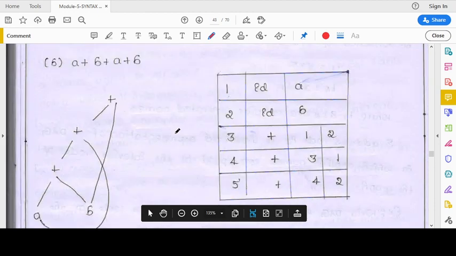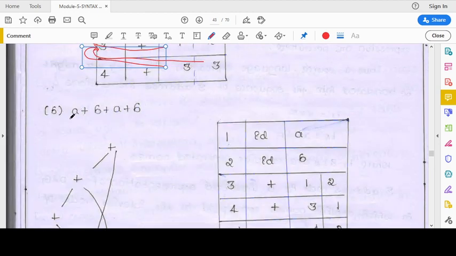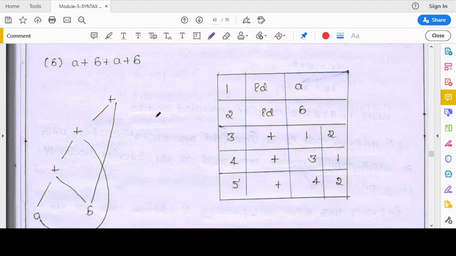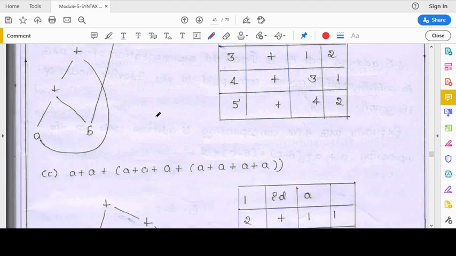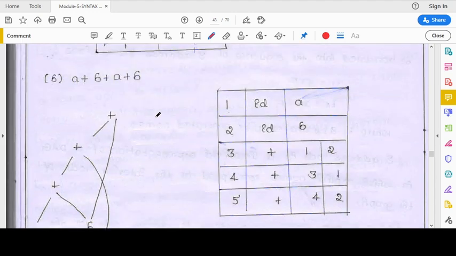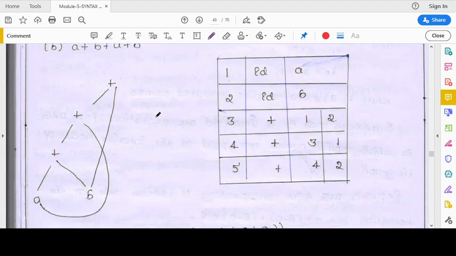Similarly, take this as homework: a plus b plus a plus b. Work it out yourself, right? Take a screenshot of this if you want. Try to work this out, where I have considered this as the left child and this as the right child.